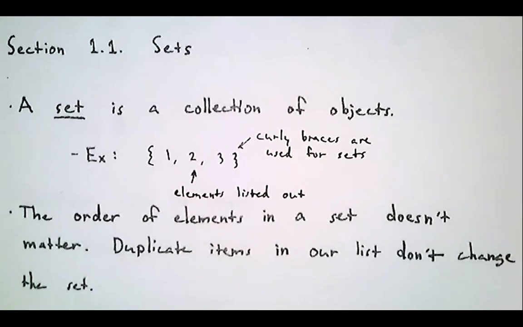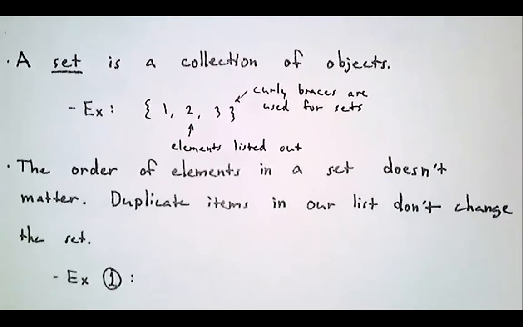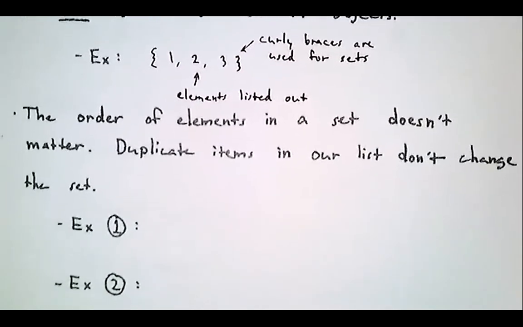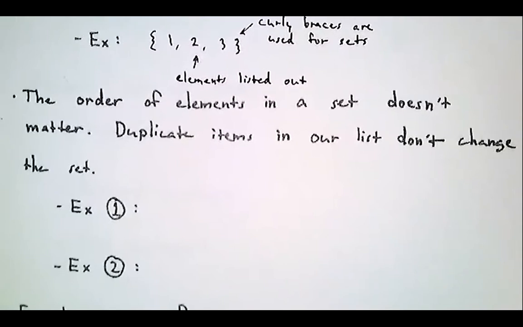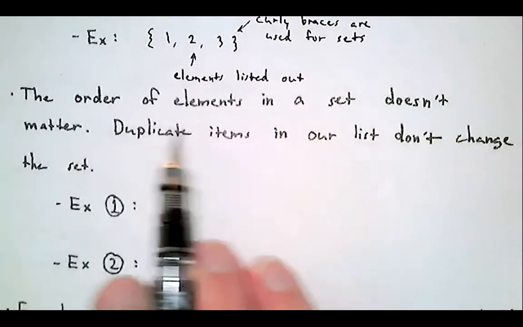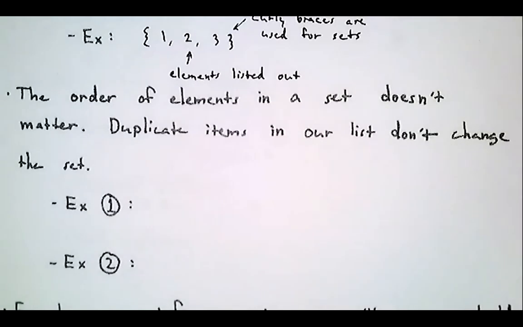But there's more to talk about, because we're going to spend, I think, the whole lecture today getting into some of the nuances. So this is the first little nuance here. The order of the elements in your set doesn't actually matter, because a set is just a collection of objects.